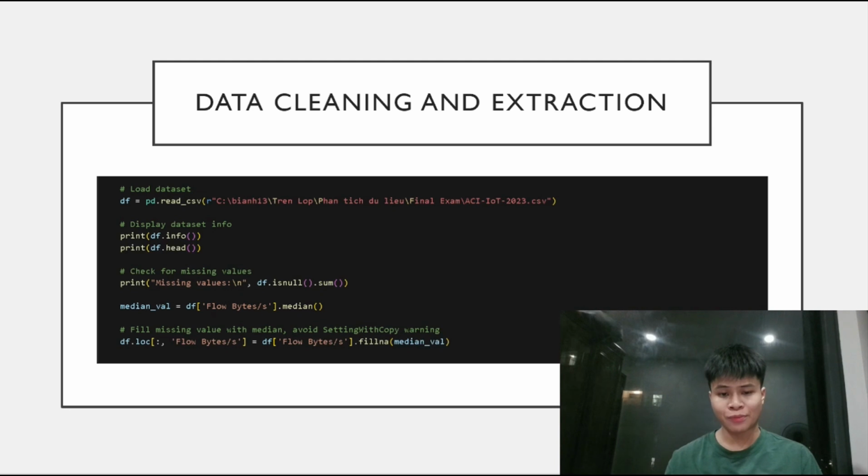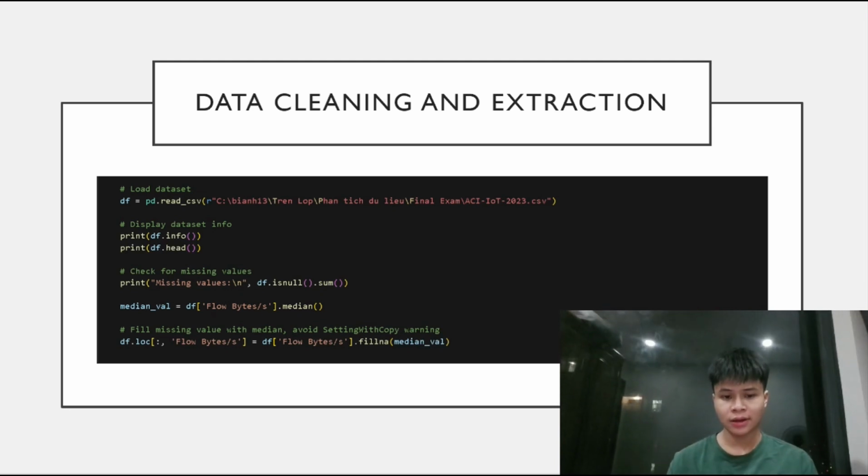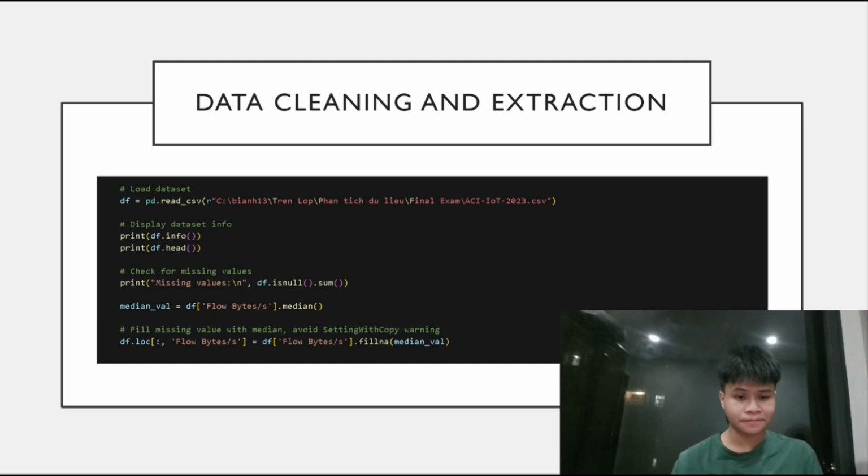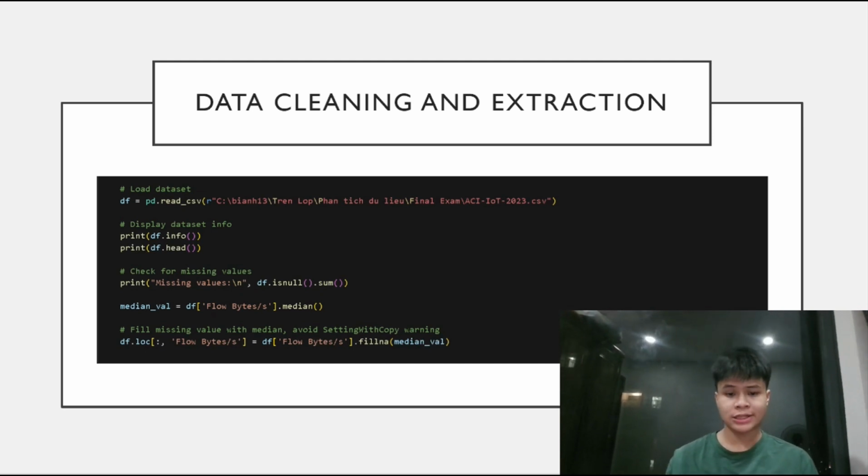Here is what we removed: one, corrupted records, things like malformed data packets. Two, incomplete entries, missing critical information like timestamp or port numbers. Three, irrelevant data fields that were not useful for our analysis.